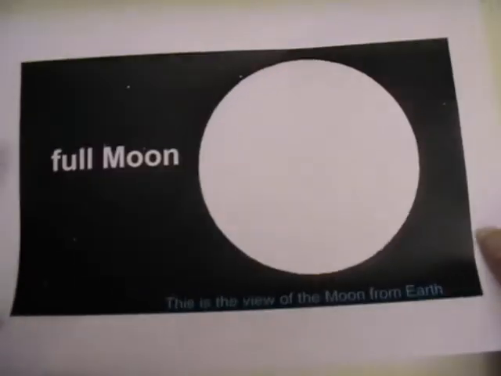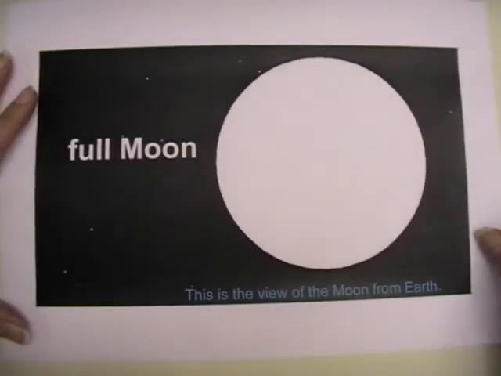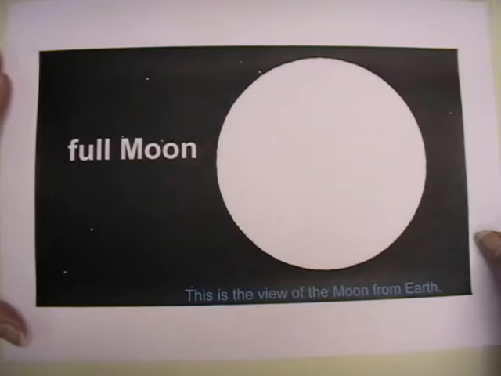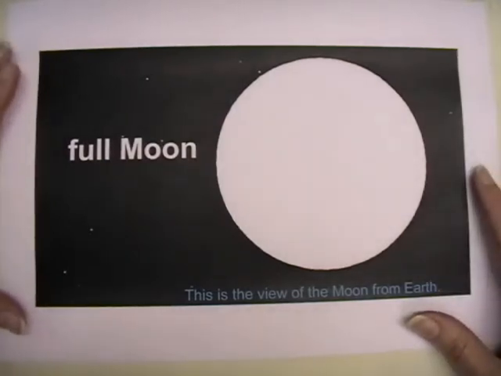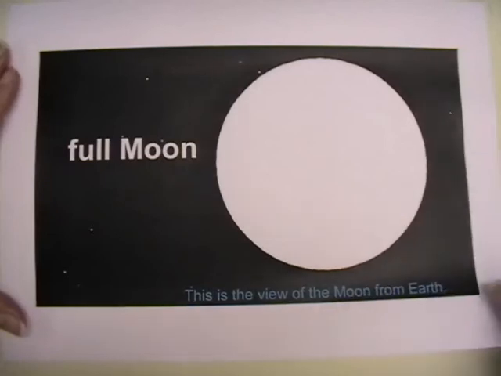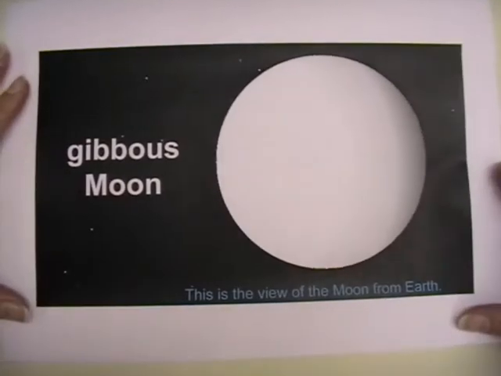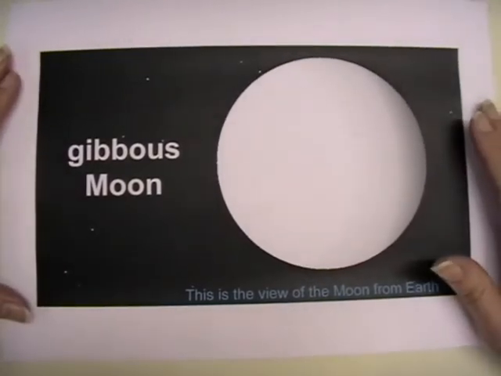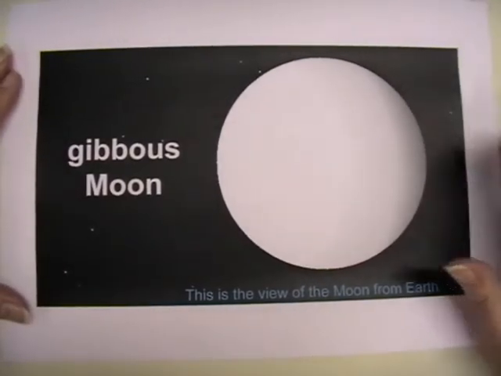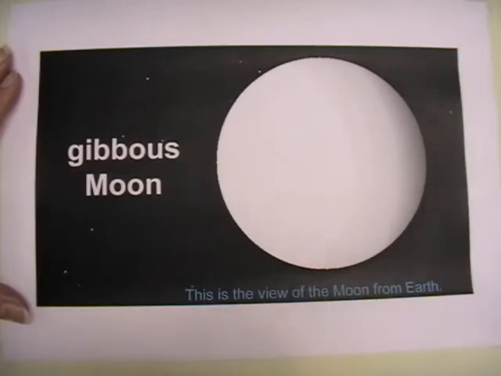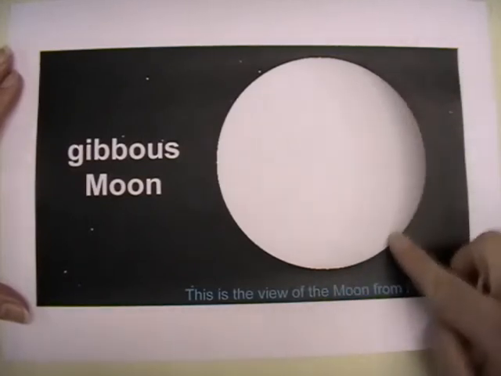Then move right on round to the far side, and in this position the full moon is visible to us on Earth as all the sun's rays are reflected from every part of the moon to us here on Earth. In the next phase, when it moves further round the pathway, this is the gibbous moon, where now only some of the sun's rays are reflected back to us and some of the moon is in shadow.